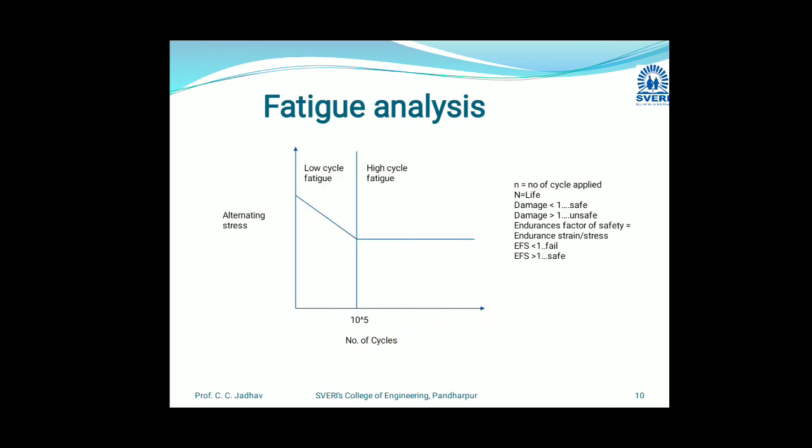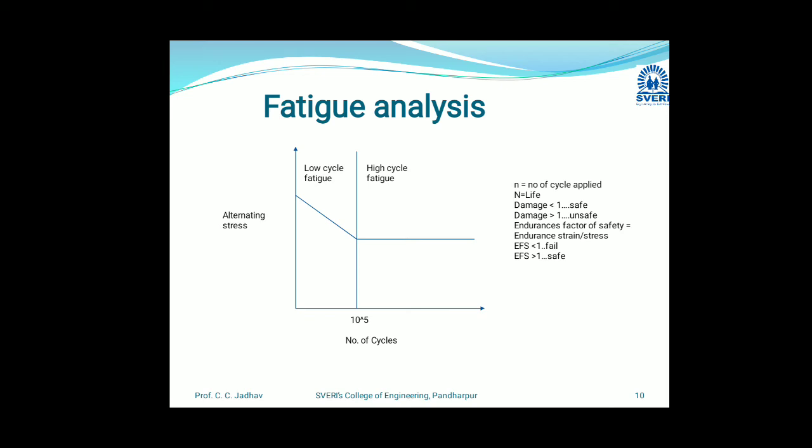Next, fatigue analysis. Now we can see here the stress versus number of cycles graph. In the first zone, that is the low cycle fatigue zone, and after that the high cycle fatigue zone. Once the material passes that limit, we move towards high cycle fatigue.